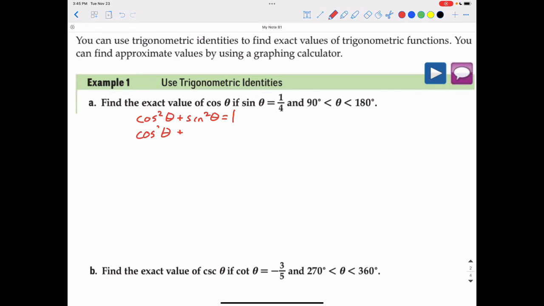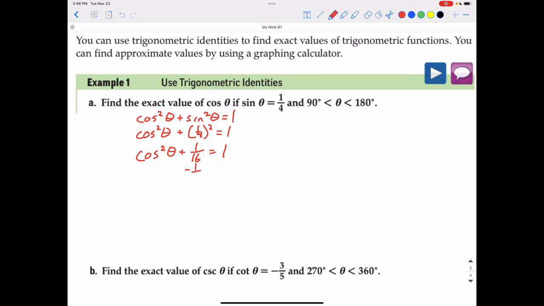So cosine squared theta plus, since sine of theta is 1/4, sine squared theta means 1/4 squared, set equal to 1. And 1/4 squared equals 1/16. So I have cosine squared theta plus 1/16 equals 1.